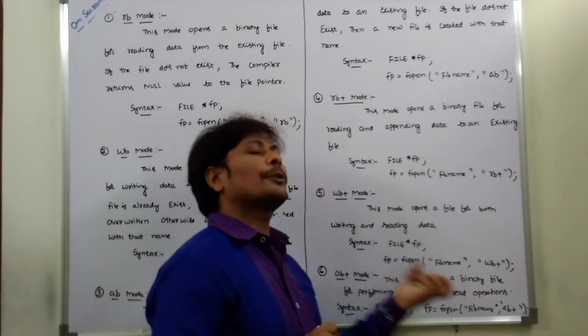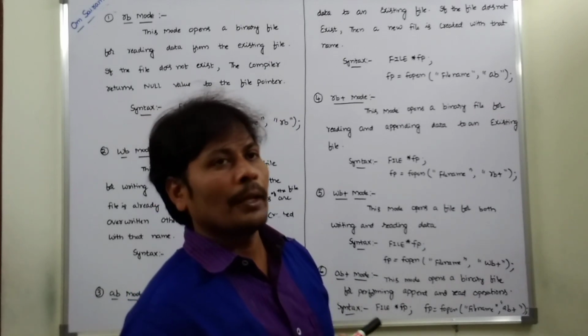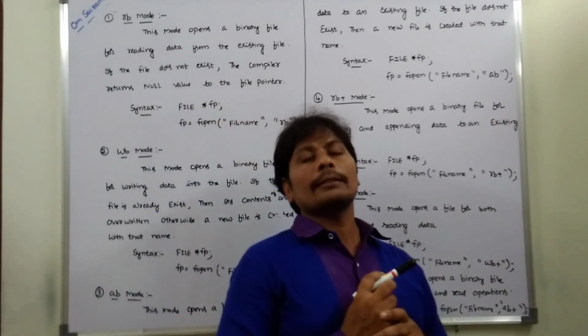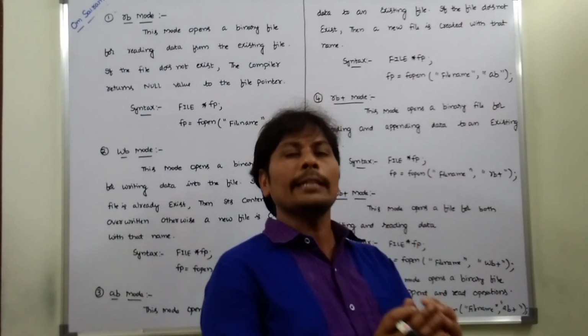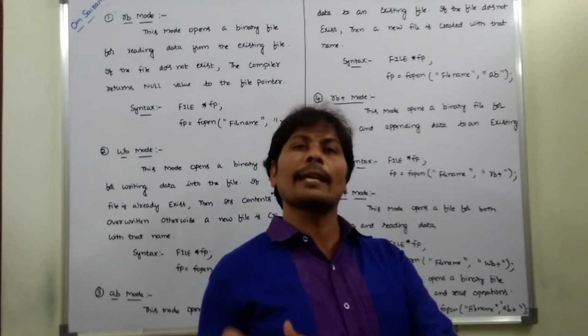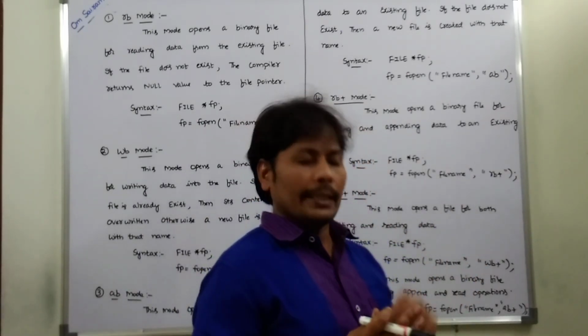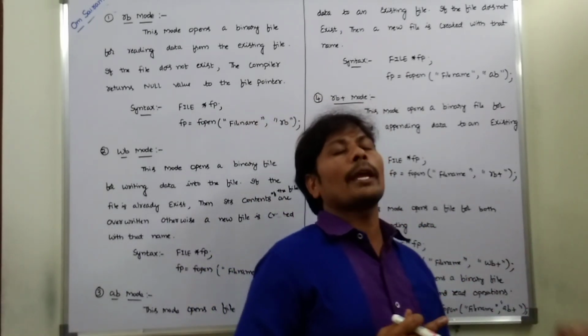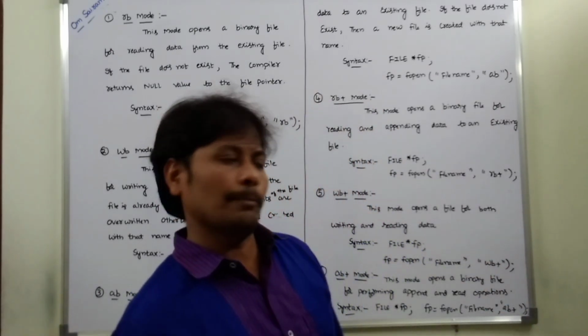Then we have to perform the read operation. If the file does not exist, whatever information we want to write is the only information in the new file. Then we perform the read operation on the given file.